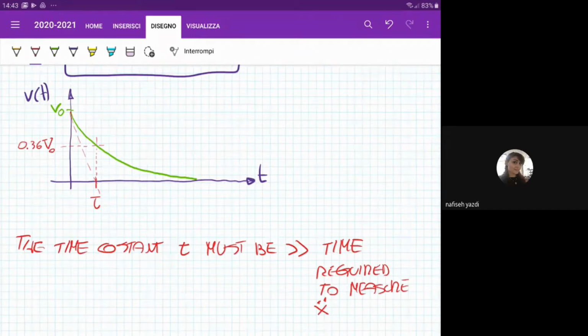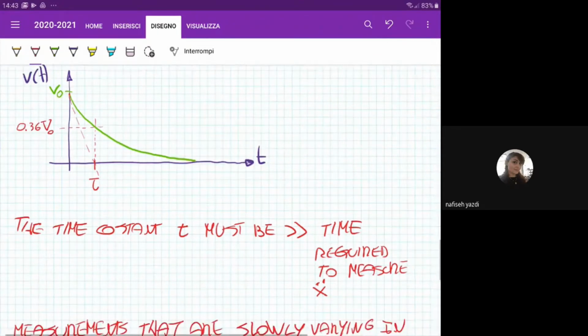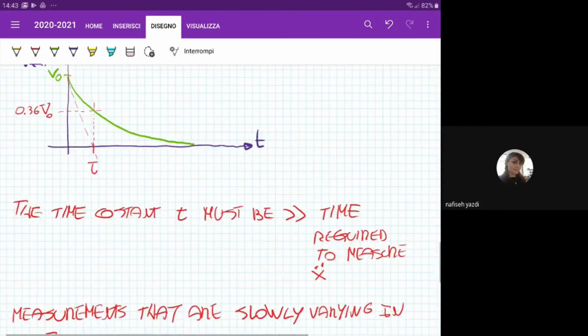Who is telling you what is high and low? The high and low is told by the time constant tau, or 1 over tau if you are referring to the frequency. So tau could be viewed as the period of your measuring time, and 1 over tau is the frequency. That is very important for accelerometers.